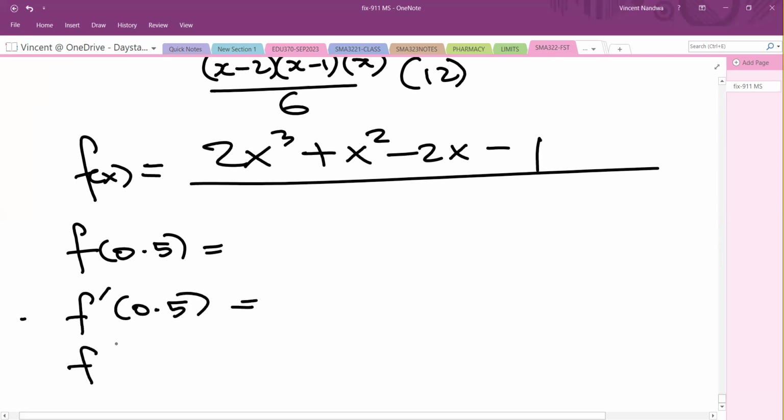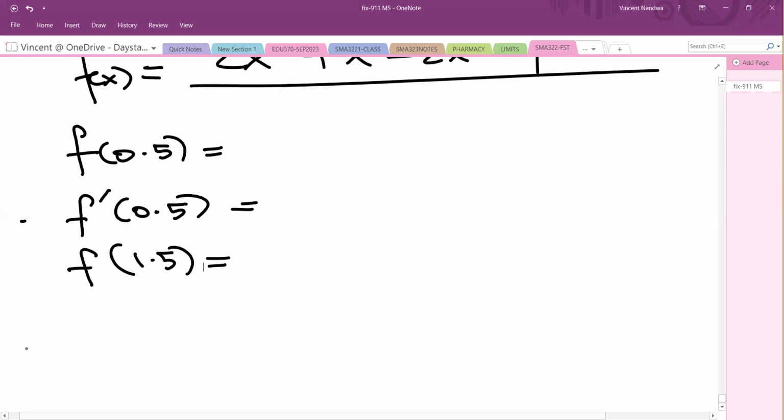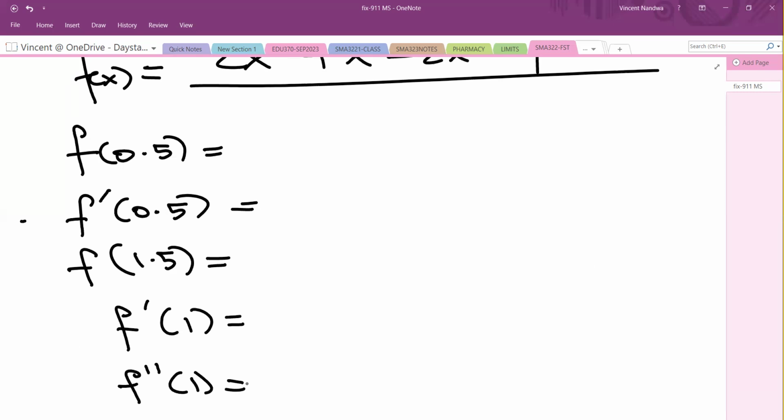Find for me f at 1.5. And then find f prime at 1. Also f second derivative at 1. So if you get any of the answers, you say.